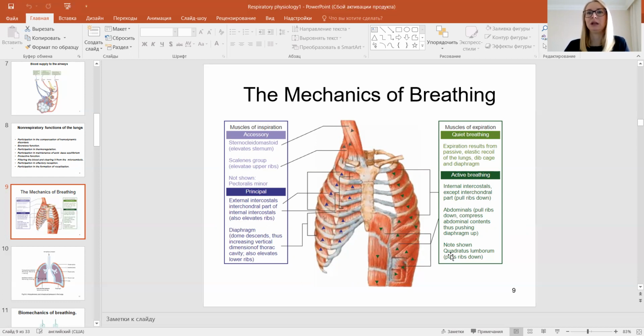But in case of the forced exhalation, accessory expiratory muscles are involved, which are internal intercostal muscles, transversus thoracic muscle, external oblique muscle, internal oblique muscle, rectus abdominis muscle, which helps to perform forceful exhalation.